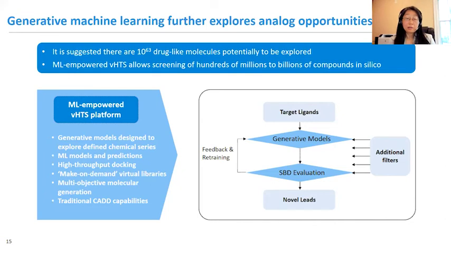And this process can iterate for several rounds to continue to train the model and zoom in on the most productive areas of analoging.